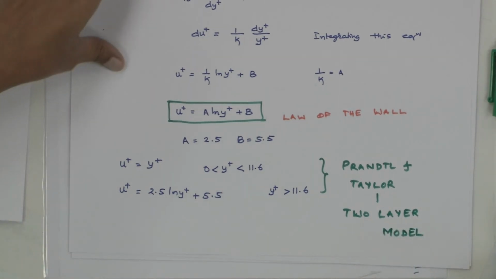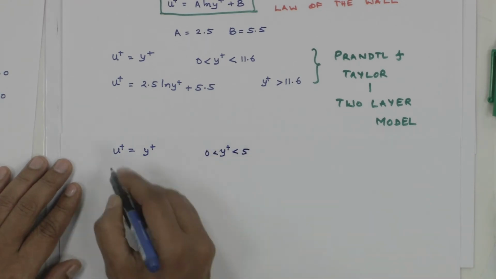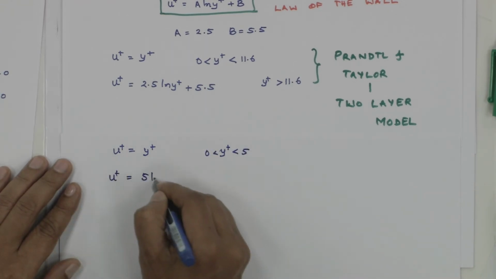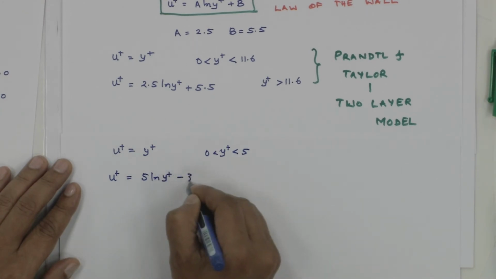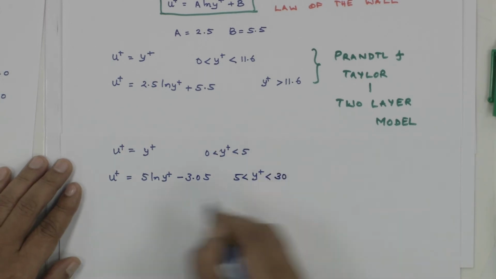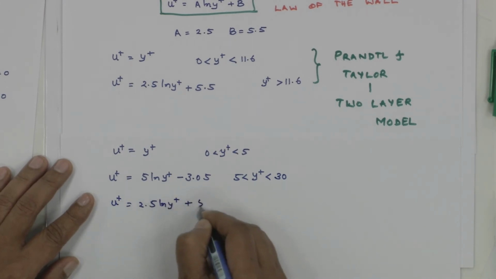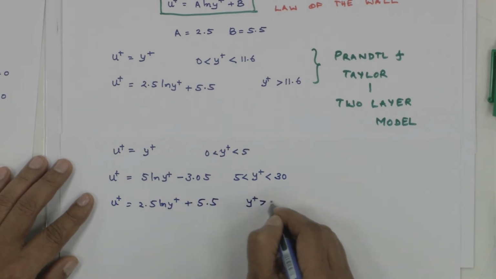Now the next is the three-layer model. This was refined by von Karman, and he gave the three-layer model, which is what I taught you in the previous modules, that is u plus equal to y plus for y plus between 0 to 5 and u plus equal to 5 log y plus minus 3.05 for y plus between 5 to 30, which is the buffer layer, and u plus equal to 2.5 log of y plus plus 5.5 for y plus greater than 30.